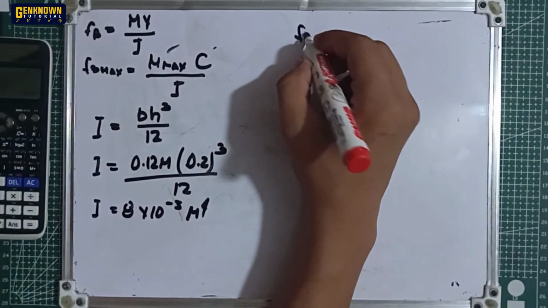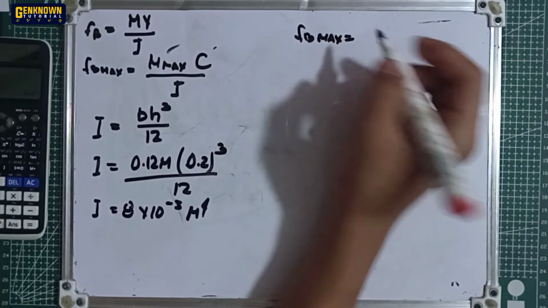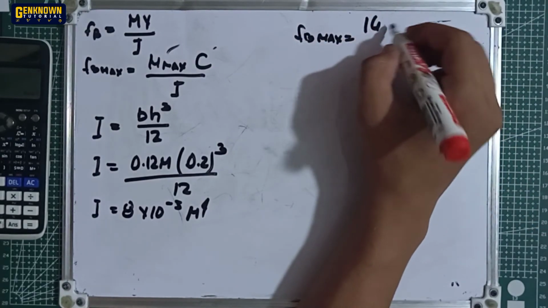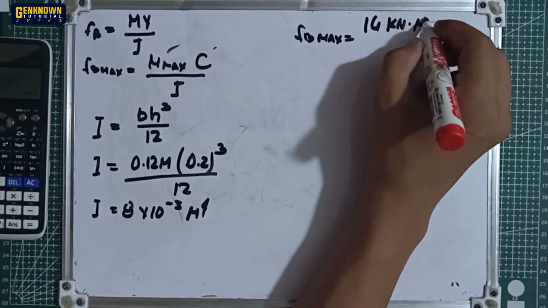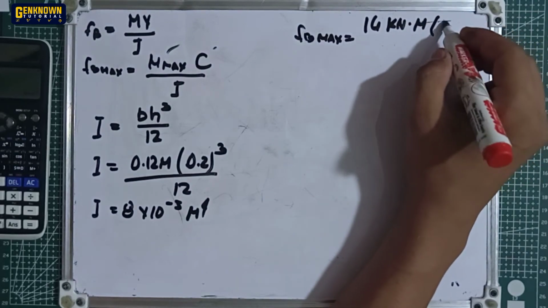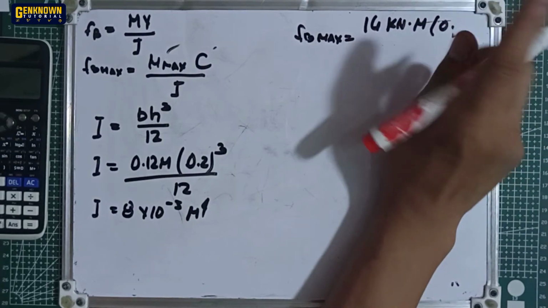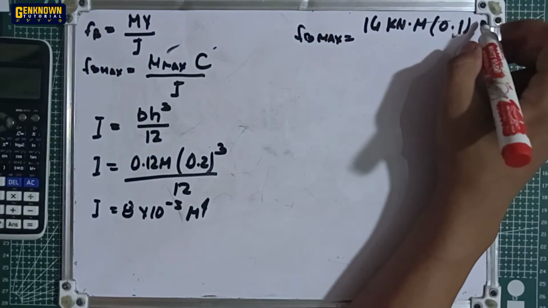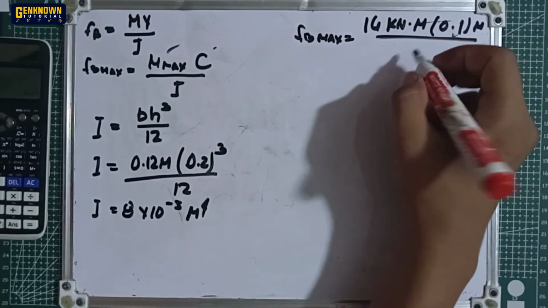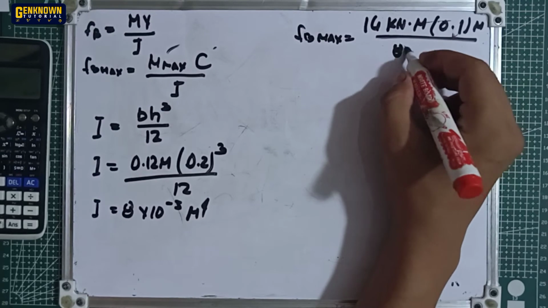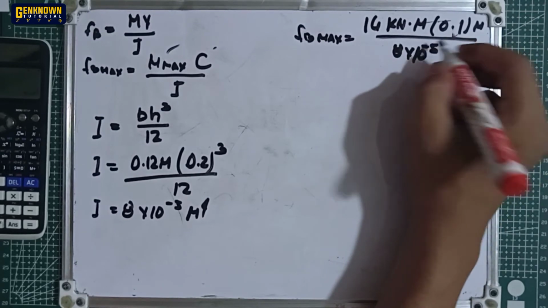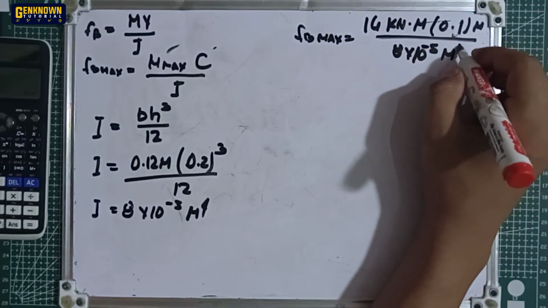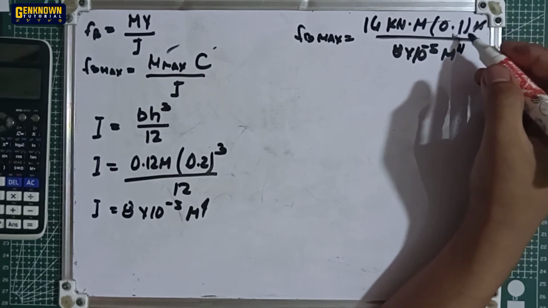So FB max is equal to 16 kilonewton meter multiplied by 0.1 meter all over by 8 by 10 raised to negative 5 meter to the fourth. So, cancel out na natin isang meter dyan.